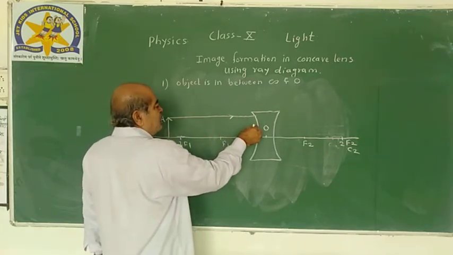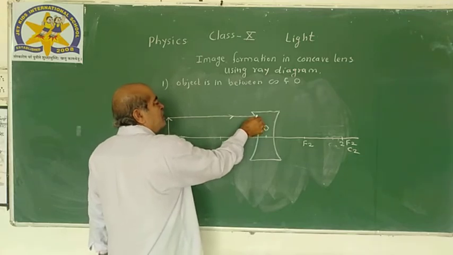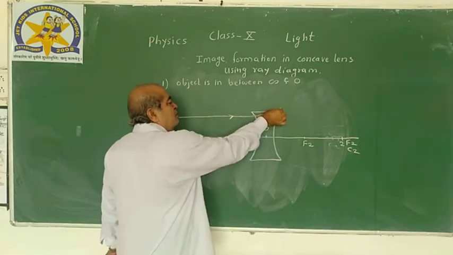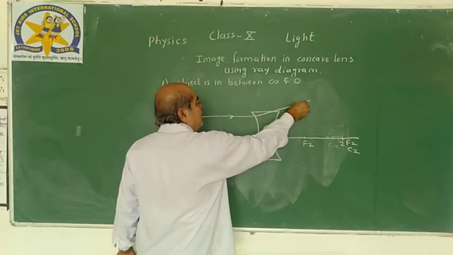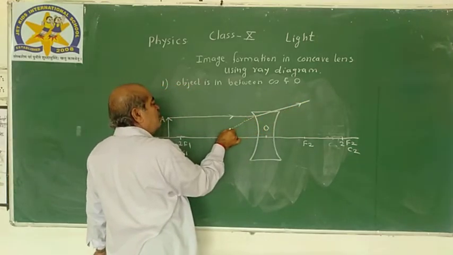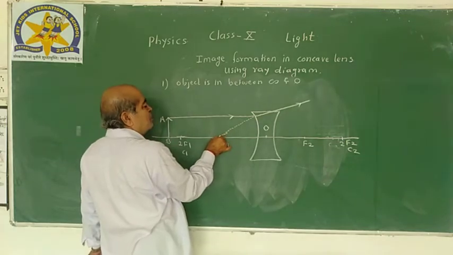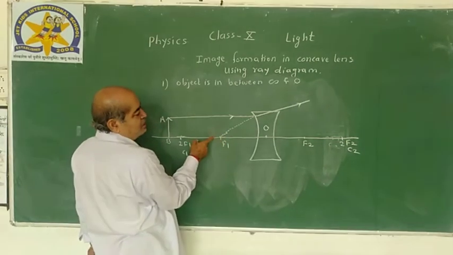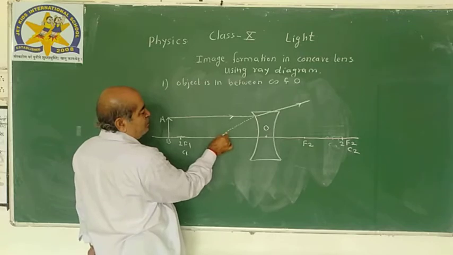When incident on the concave lens, the ray of light is refracted and it appears to come from the principal focus on the same side of the object.